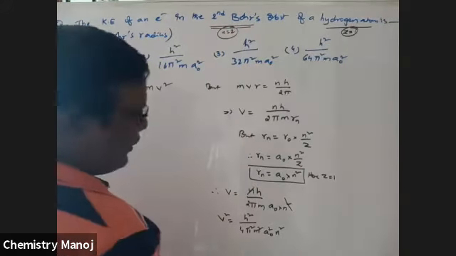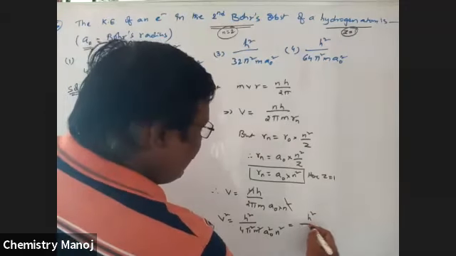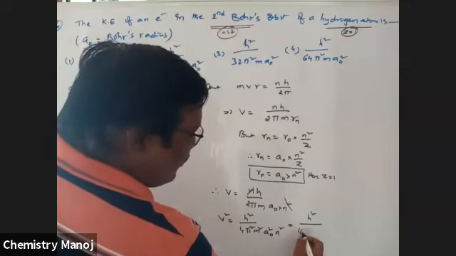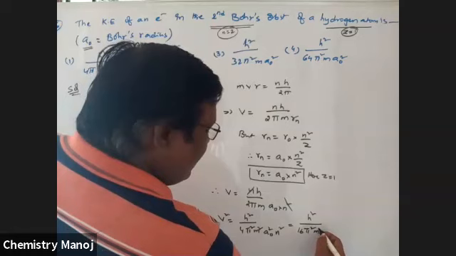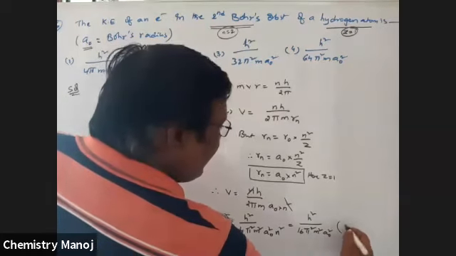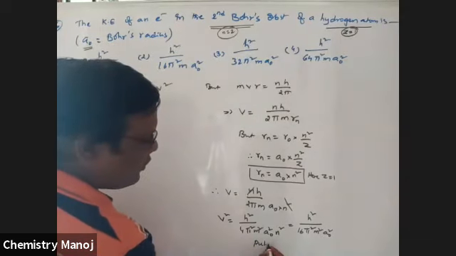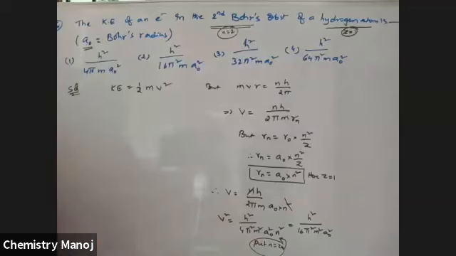Put n is equal to 2 there. Therefore, h square by 4 into 4, 16, 16 pi square m square a naught square. Put n is equal to 2 here. That is the final value.